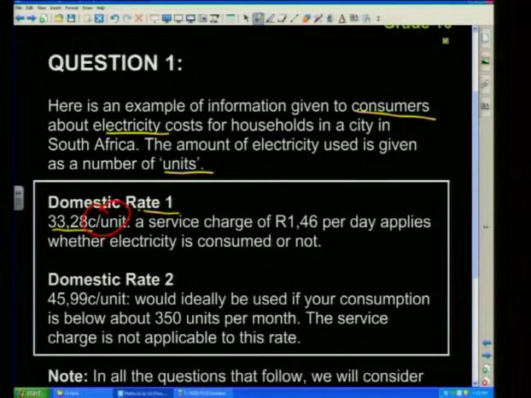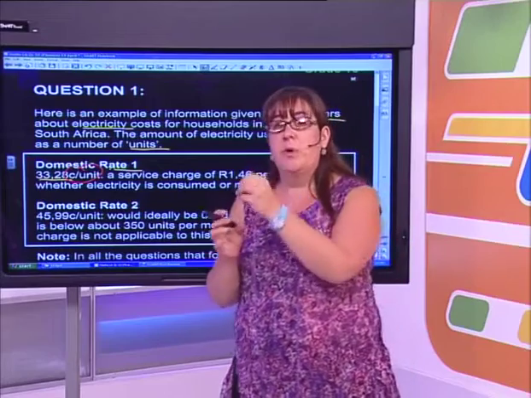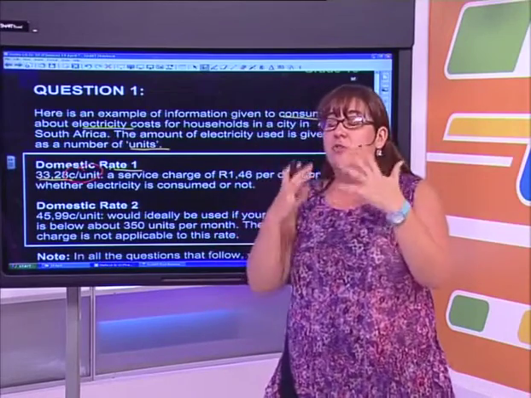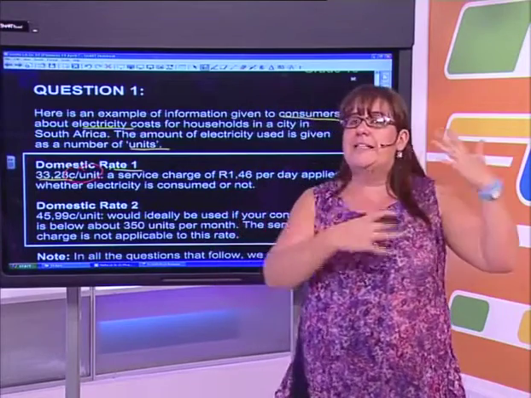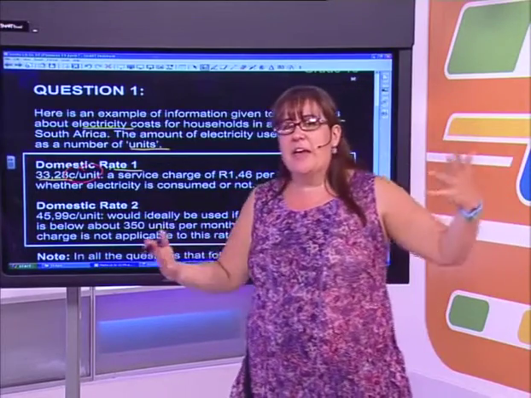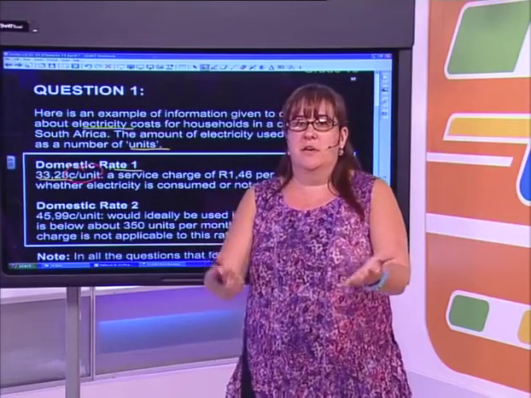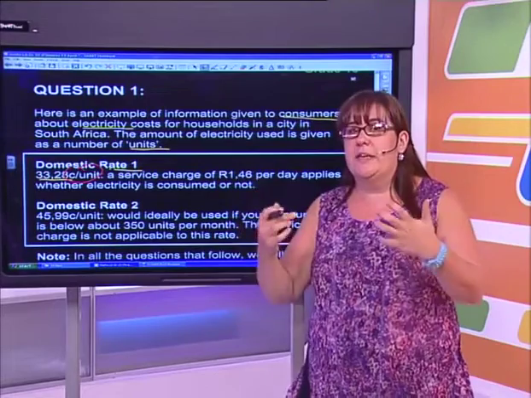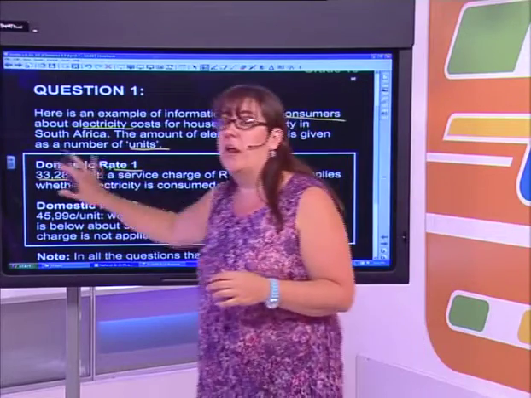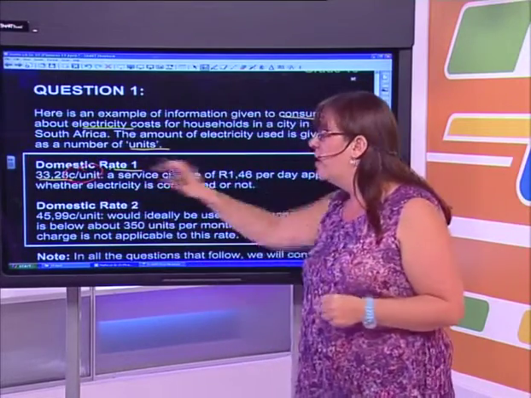That's a very little amount of money, and that's per unit. So bear in mind that we're doing our calculation in cents. If we're later going to convert into rands, because of course we pay our electricity in rands, we don't say, I paid 3,000 cents for my electricity. We talk about it in rands. So somewhere along the line, we're going to have to convert that.